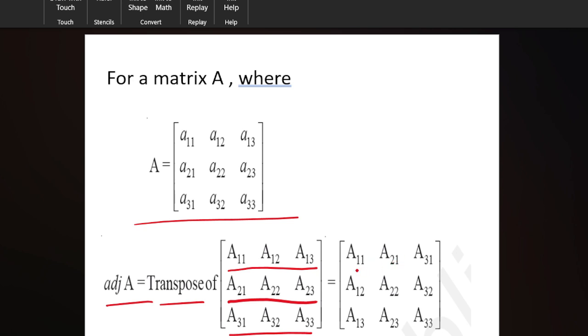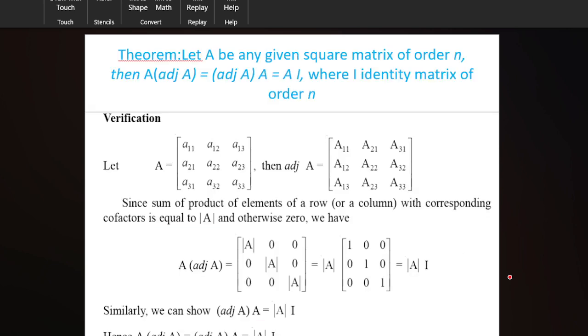Now take the transpose. The first row will become the first column, the second row will become the second column, the third row will become the third column. In this way, you can find the adjoint of a matrix.